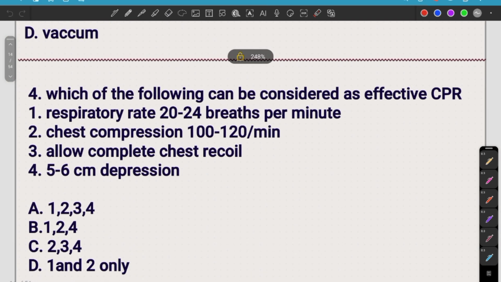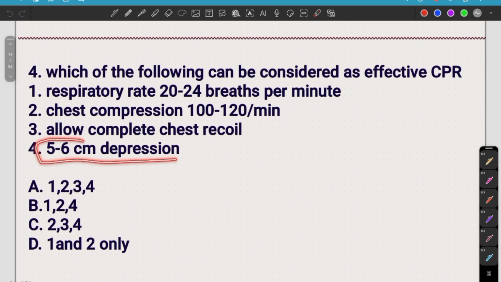Fourth one, this question has been repeated many times. Let's see in detail. Which of the following can be considered as an effective CPR? First one, respiratory rate of 20 to 24 breaths per minute. Chest compression is 100 to 120 per minute. Allow complete chest recoil. Obviously, this is correct.